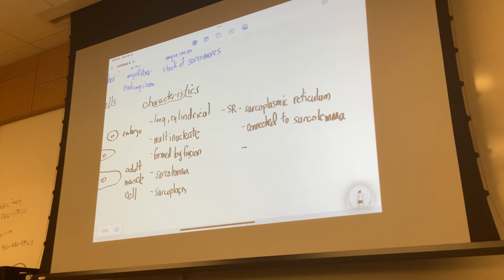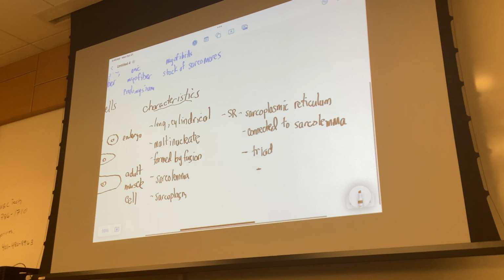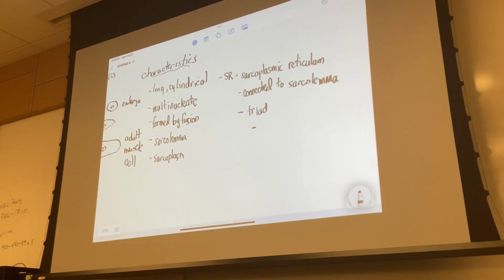One is something called a triad, and as the name would indicate, there are three things, but the triad has one thing in particular that is very important. It contains calcium, and I've forgotten the name, and I'm very embarrassed right now.